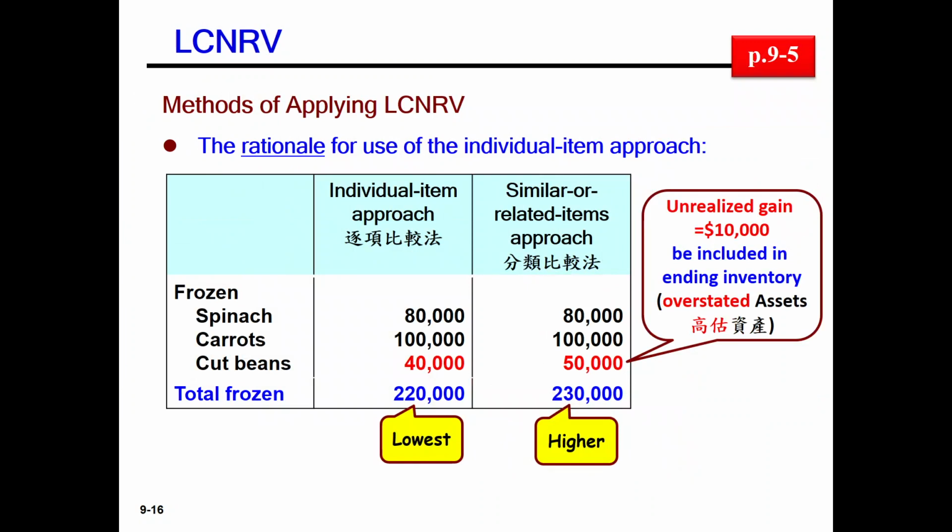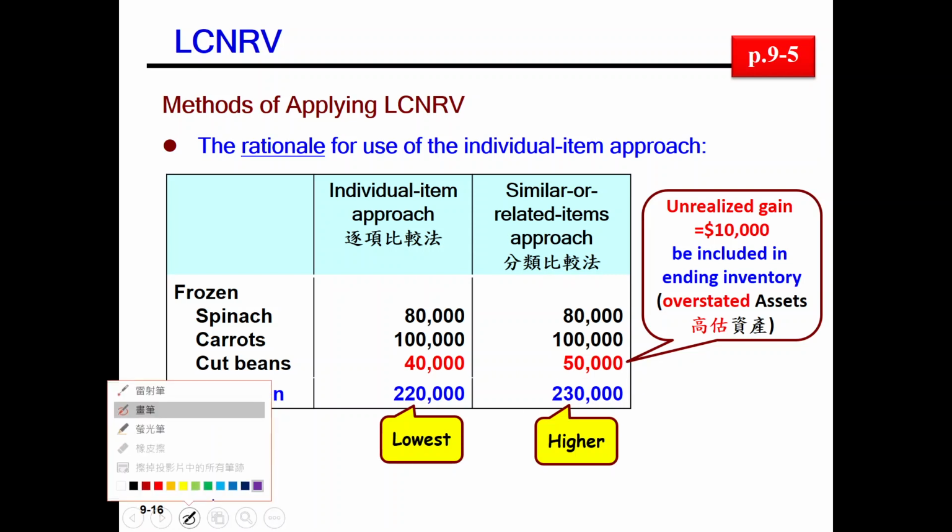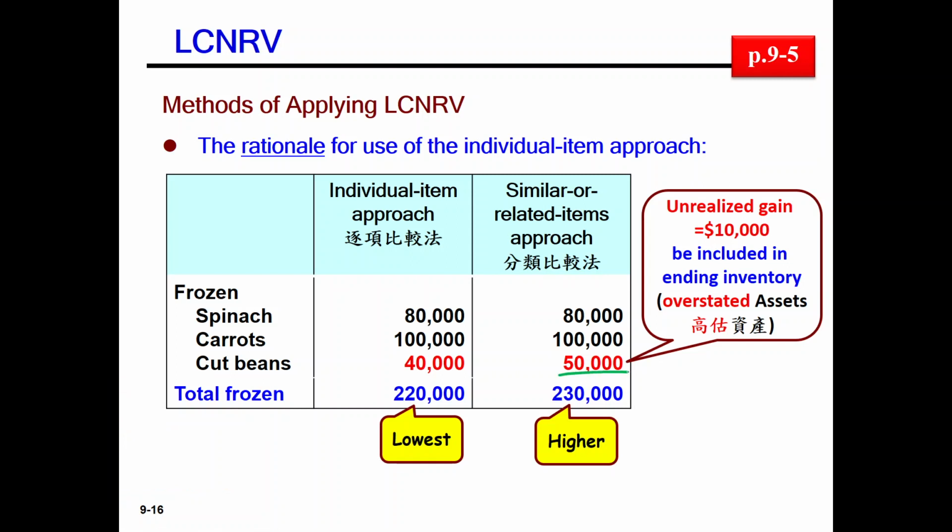So did you find out what's the problem? Use the first method, you always choose the low one. Use the second method, you will include the higher amount.